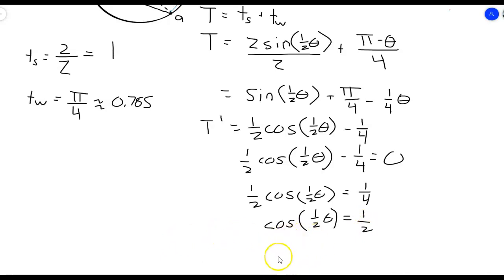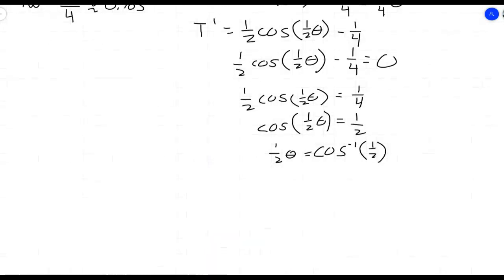So here we're going to have 1/2 theta is equal to the inverse cosine of 1/2. And let me give myself a little bit more room here. That's taking the inverse cosine of both sides. Now, what is the inverse cosine of 1/2? Well, that means the cosine of what angle gives us a 1/2, and that's going to be pi over 3.